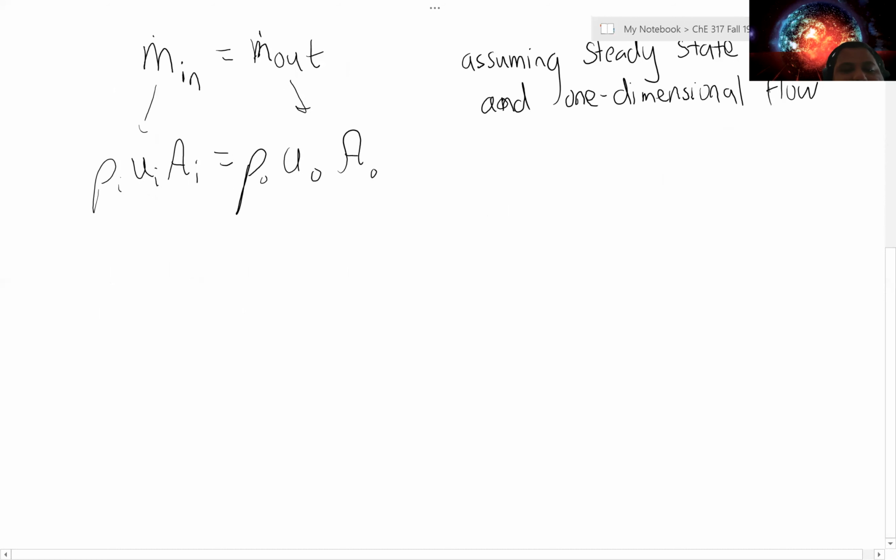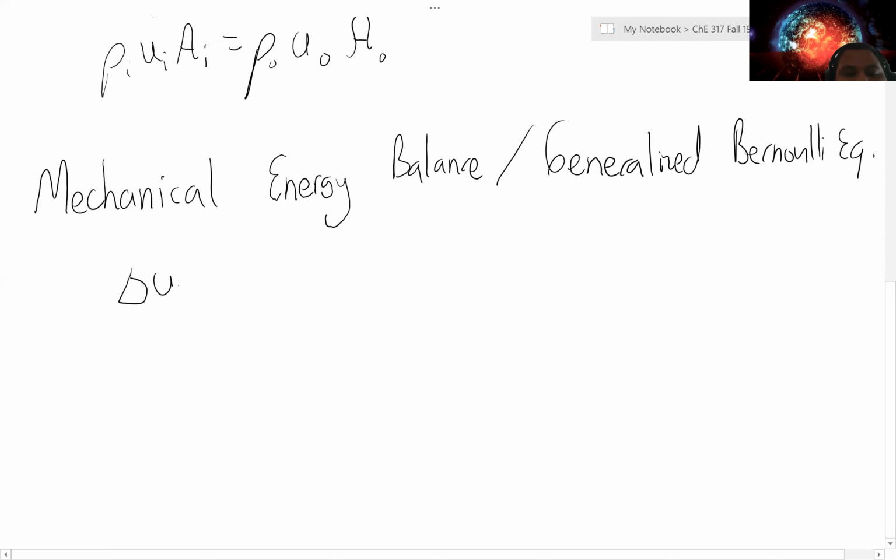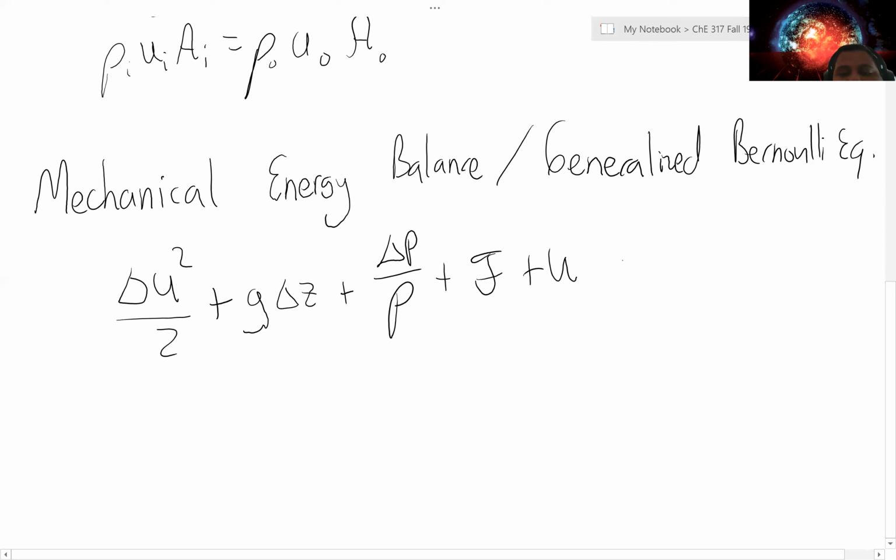We also looked at developing the mechanical energy balance, and the generalized Bernoulli equation as a function of fluid velocity, height of the fluid, the pressure of the fluid, friction, and work.